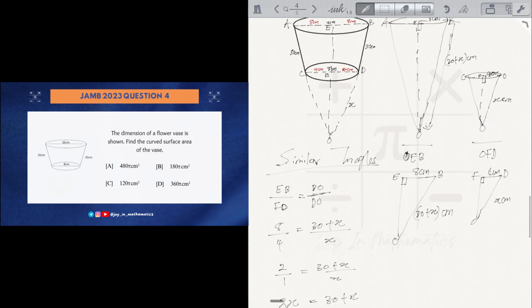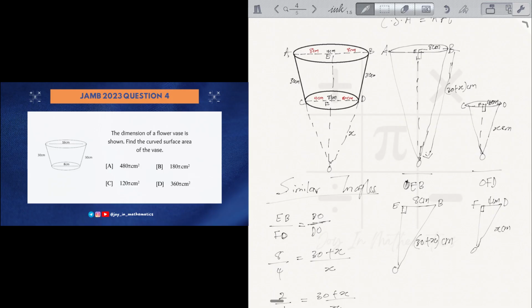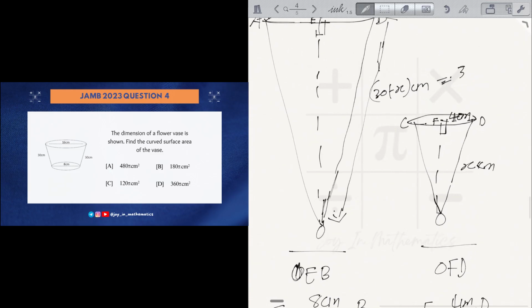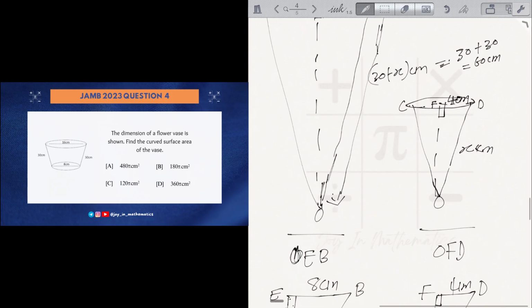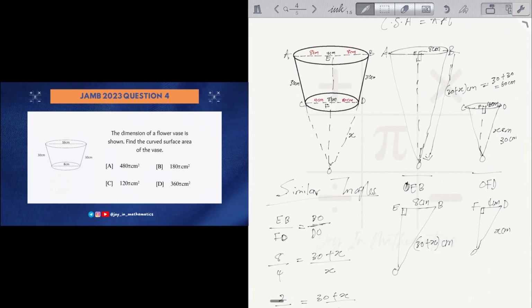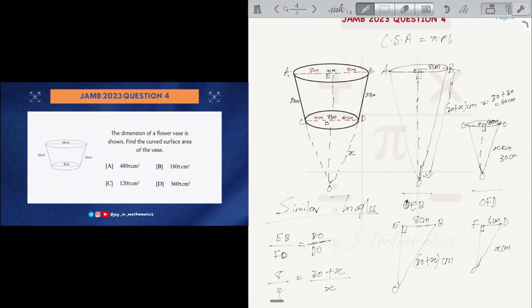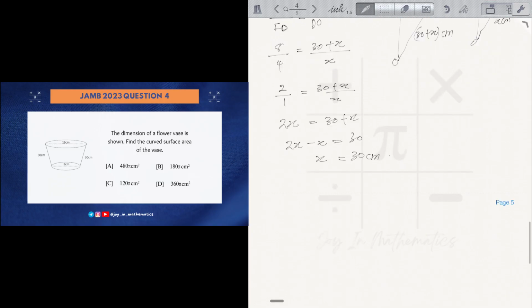Now if X is equals to 30 centimeters, what now is the slant height of BO? BO will be 30 plus 30, which is 60 centimeters, and DO will be what? X centimeters, which is 30 centimeters. So with that now we can evaluate the curved surface area of each cone. Let's draw the diagram again.